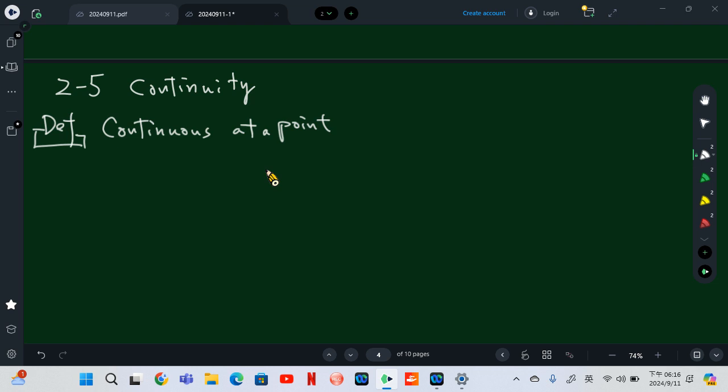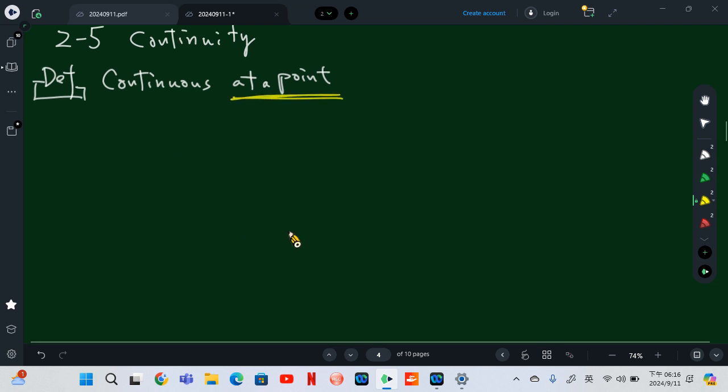And then finally we can define what a continuous function is. So let's start with continuous at a point first. For this part, we also divide it into two types. One is the interior point.